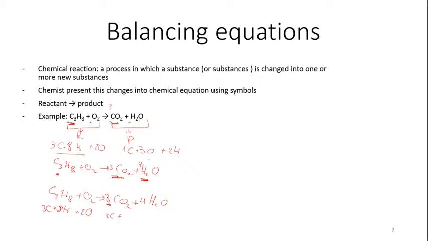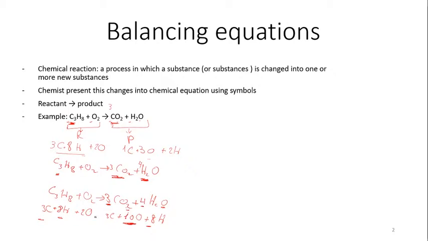Usually I multiply the number on the left with the subscript number, so 3 by 2 is equal to 6, and here I have 4, so 6 and 4 is equal to 10 oxygens, and I have 8 hydrogens. I could see that I already balanced the carbon atoms and the hydrogen atoms. I'm left now with balancing only the oxygen.